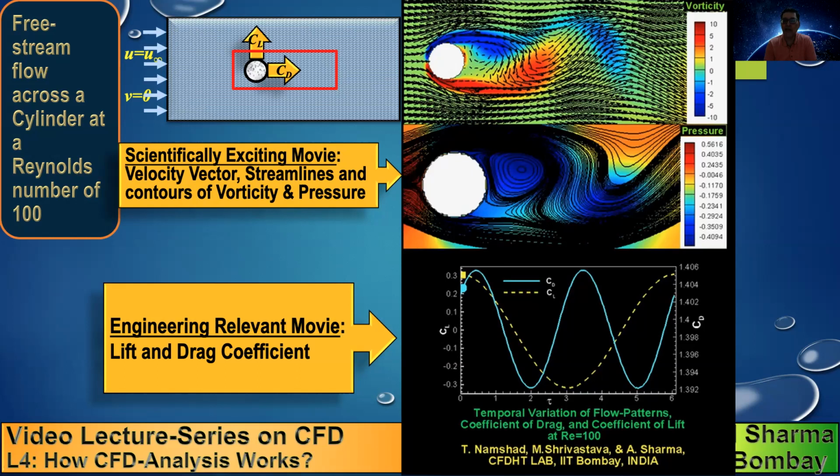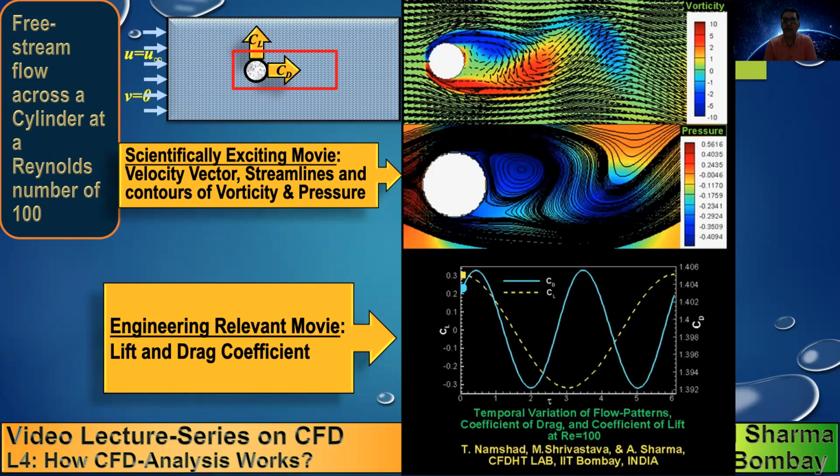And once the flow reaches a periodic state, you can see that the lift coefficient and drag coefficient vary like a sinusoidal curve. And there is a time period; you can see that this drag coefficient signal repeats with the same time period. So this is a movie which I'll show you for the temporal variation of lift coefficient and drag coefficient at the periodic state.